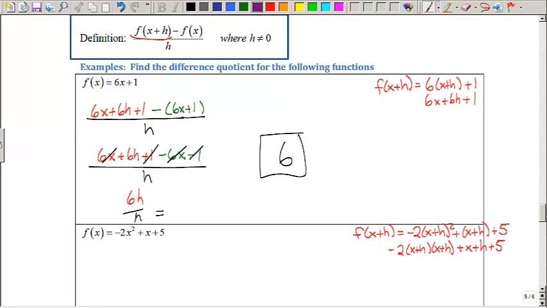Don't forget, when you square a binomial, you either have to have your formula memorized or you have to write it twice and double distribute. Getting x squared plus xh plus xh plus h squared. Then I'm going to distribute my negative 2 all the way through.